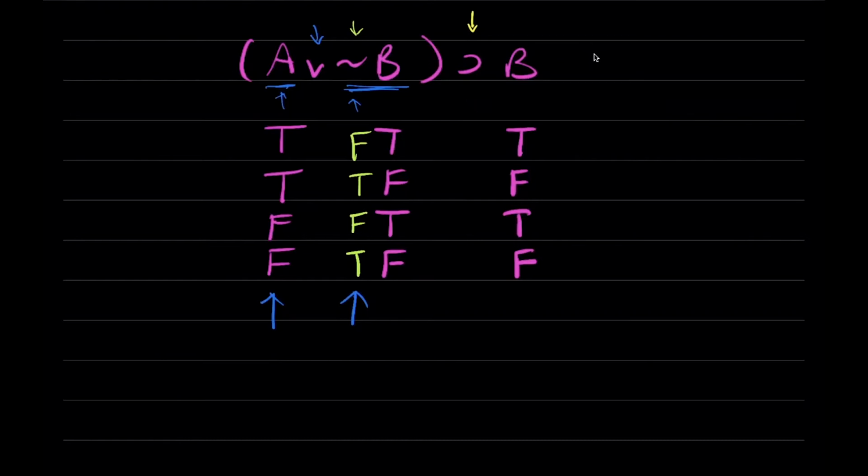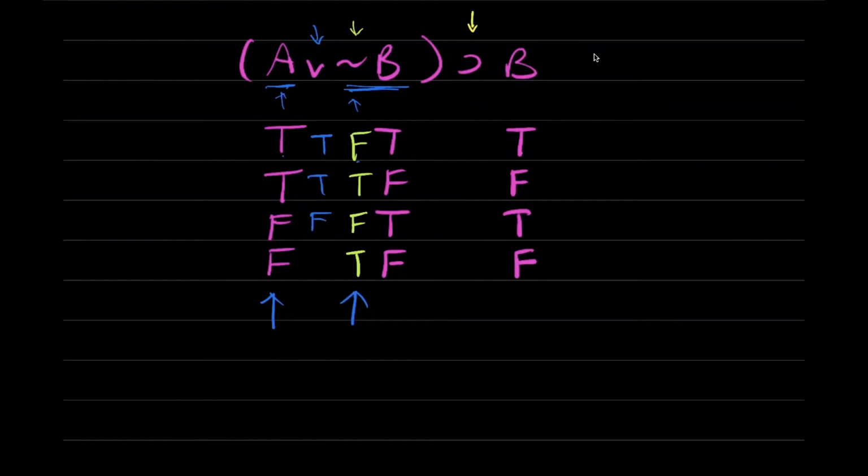So in the first row here, we've got a true and we've got a false. At least one of those two is true. So we're going to end up with a true disjunction in that row. Same thing in the next row. At least one of the two, either A or not B, is true. So we end up with a true disjunction. In the next row, however, we end up with a false disjunction because it's not the case that at least one of those two disjuncts is true, right?